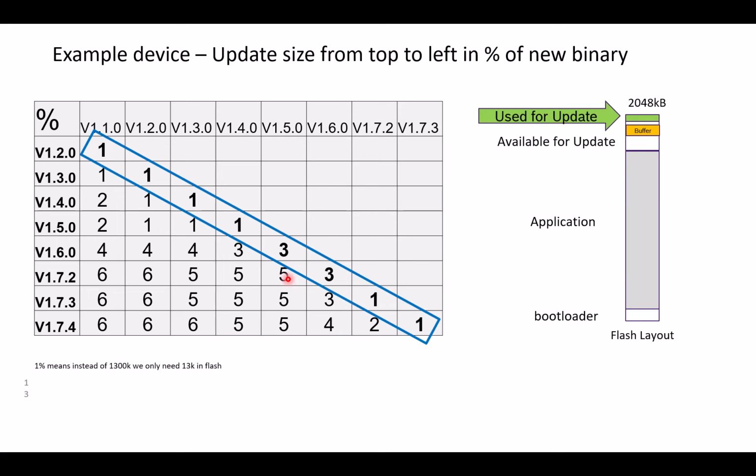So if we get a bit of a feeling what that means, we have the big application, we have the bootloader, and the sizes kind of match. We need a buffer. It depends very much also on the flash layout. In this case, the sector size was 128K, so that was really big. So we need to have one buffer of 128K because this always has to be a sector size at a minimum.